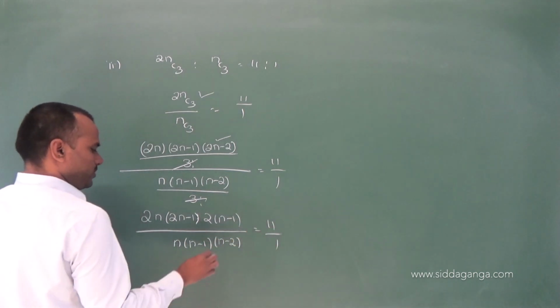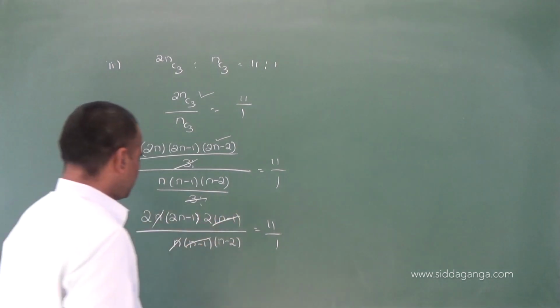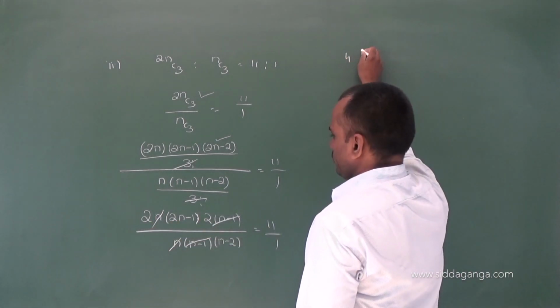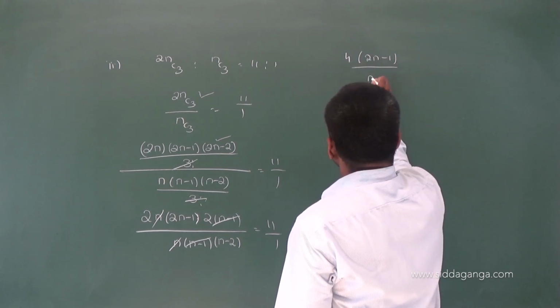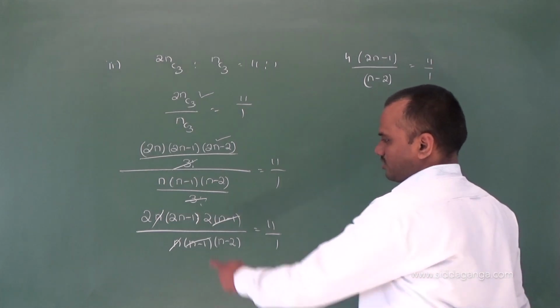So N minus 1 gets cancelled, N gets cancelled. 2 into 2, 4 into 2N minus 1 divided by N minus 2 equals 11 divided by 1, correct?